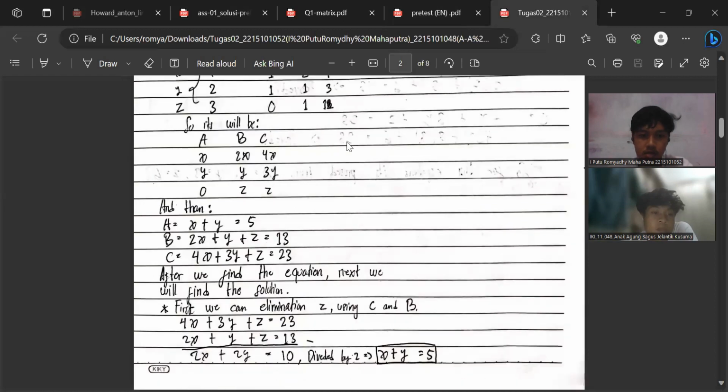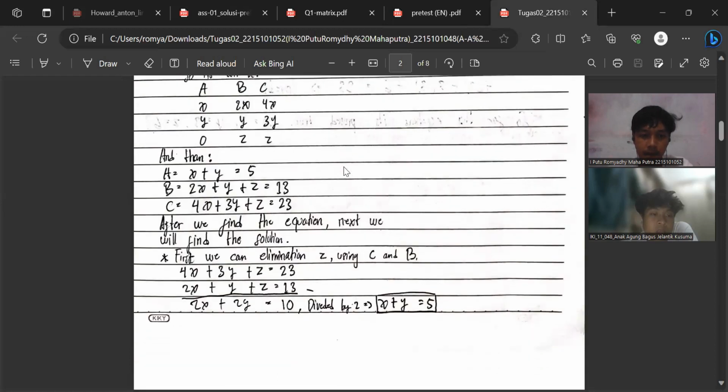So we have a new set of equations: x plus y equals 5, then 2x plus y plus z equals 30, and then 4x plus 3y plus z equals 33.